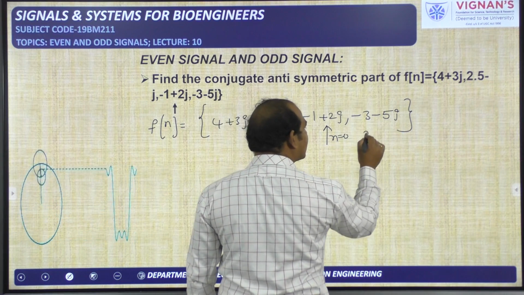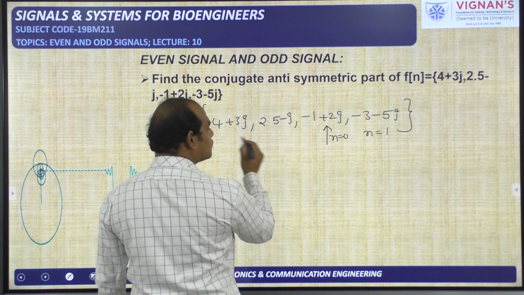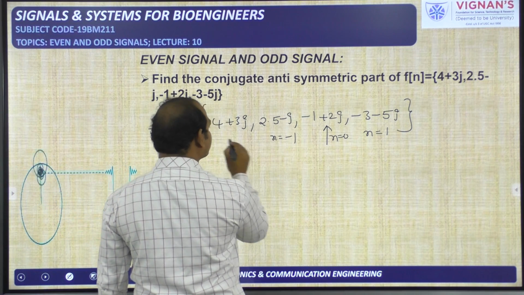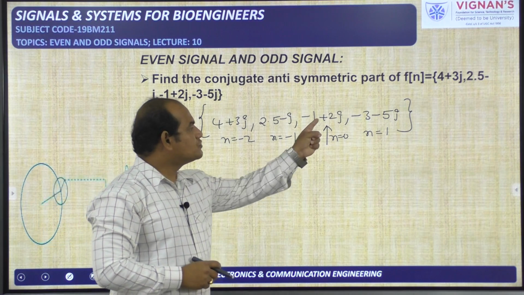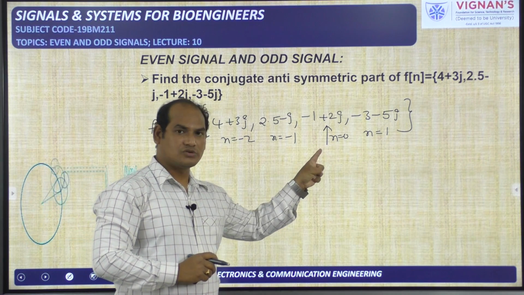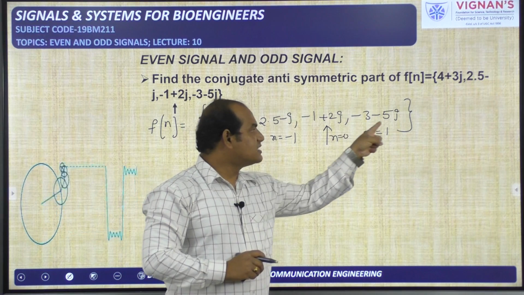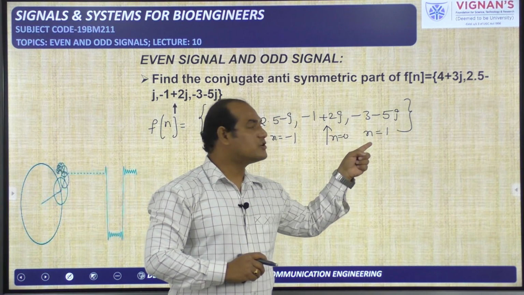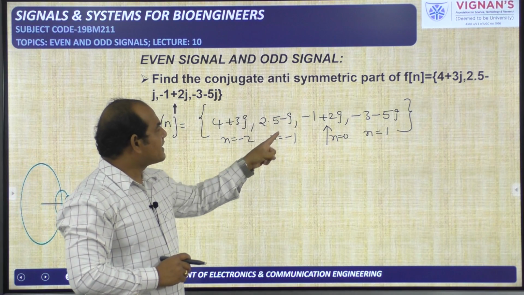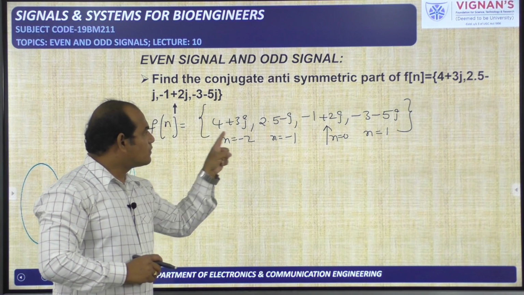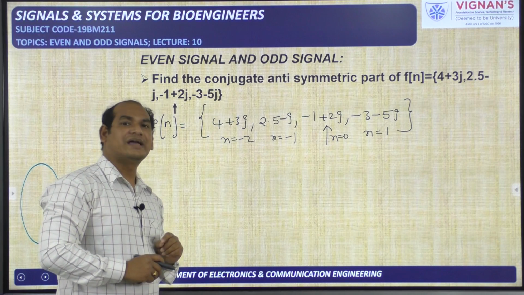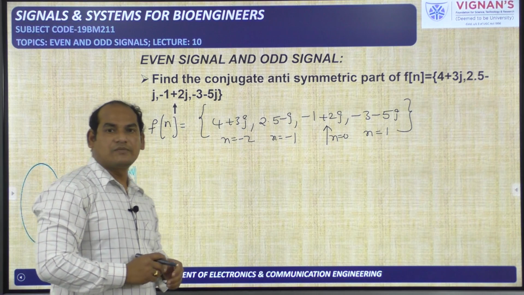As we go right side n value is increasing, as we go left side n value is decreasing. Like this we have to take. So this minus 1 plus 2j is the sample available at n is equal to 0. Right side minus 3 minus 5j is available at n is equal to 1, and 2.5 minus j is available at n is equal to minus 1, and the sample 4 plus 3j is available at n is equal to minus 2. Like that the given problem is there.